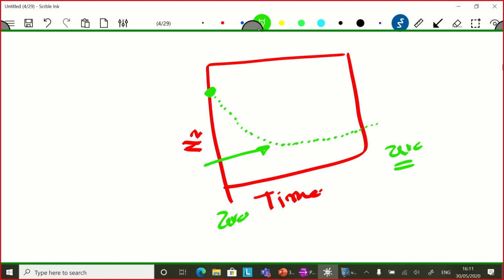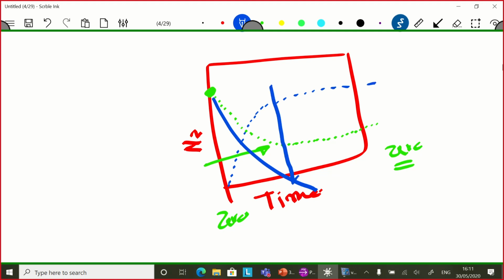Because if that reaction was an irreversible reaction, we'd expect the nitrogen to drop to zero like that. But this isn't the case. Okay. We can as well plot the ammonia. The ammonia is going to be produced, it's going to follow a pattern like that, but it's going to reach the same plateau at the same time.